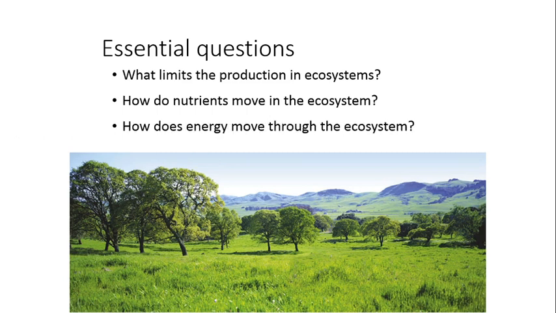Then comes how energy moves through the ecosystem, the energy movement and the energy cycle. These are essential questions which are necessary for you to understand the flow of the ecosystem, the flow of nature, the way you understand the flow of any question or algorithm.